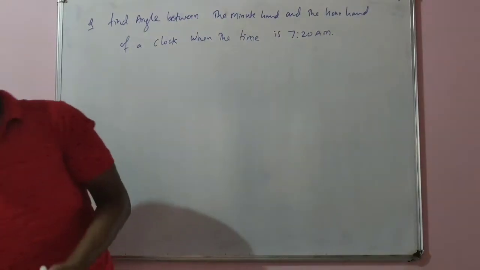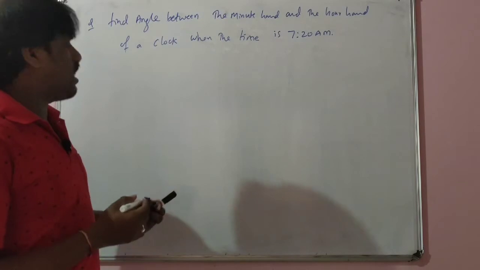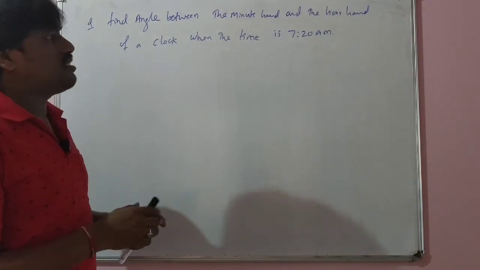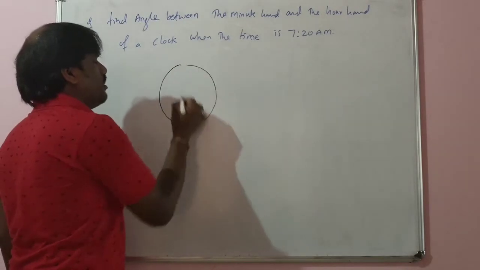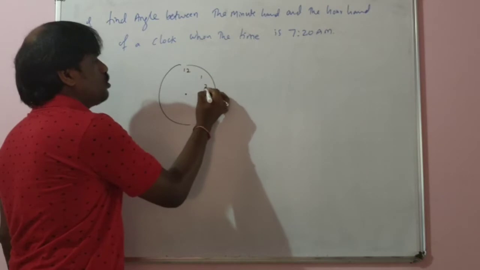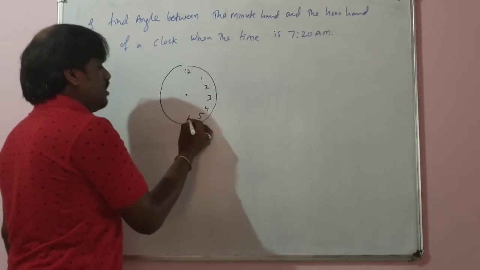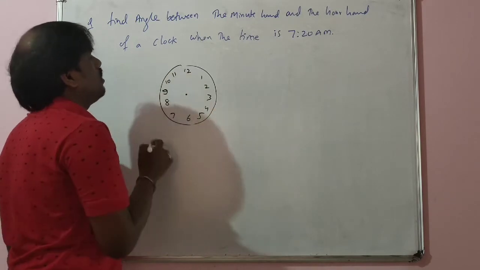Okay, now let's find the angle between the minute hand and the hour hand of a clock when the time is 7:20 a.m. Let us take the clock here, and you have the timings 12, 1, 2, 3, 4, 5, 6, 7, 8, 9, 10, 11.